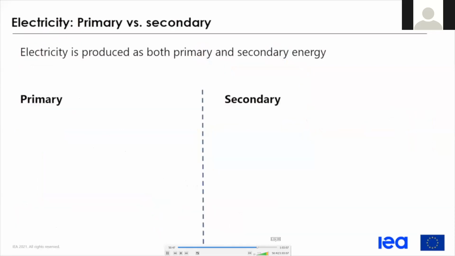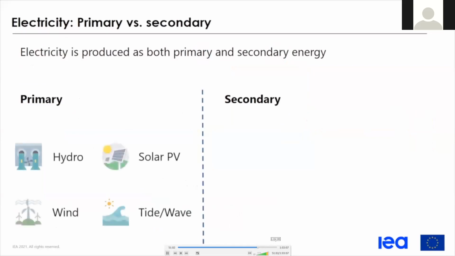So firstly, let's look at sources of electricity to see how we distinguish the possible sources. Electricity is produced as both primary and secondary energy commodity. Primary electricity is obtained from natural sources such as hydro, solar photovoltaic, wind, tidal or wave energy, for example.